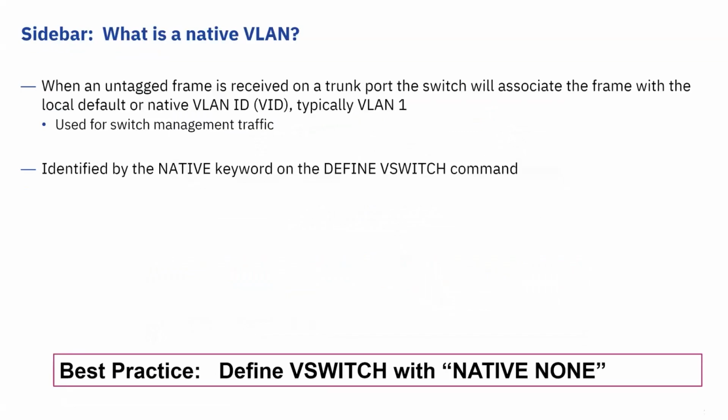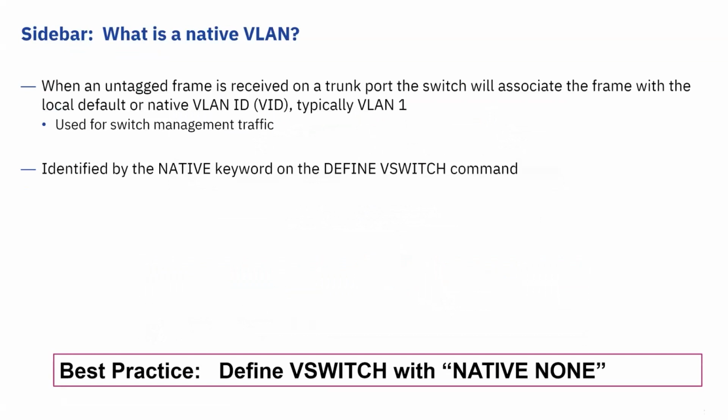Okay. We talked about the native VLAN ID, but in a virtual switch, the way we want to deal with this is, I want you to code a virtual switch with native none. Native none tells CP, if somebody on a virtual trunk port tries to send an untagged frame, discard it. I do not want virtual machines at any time interfering in any way whatsoever with the operation of the physical switch.